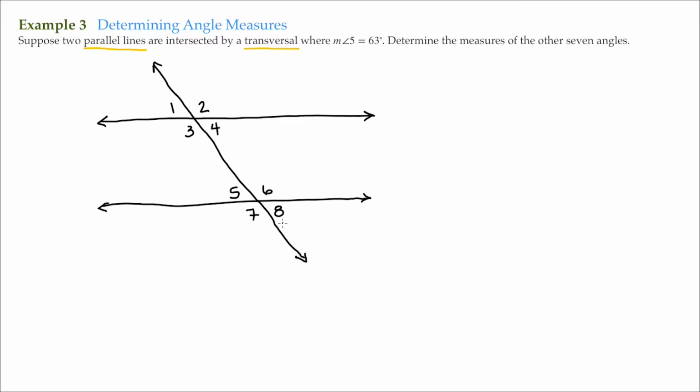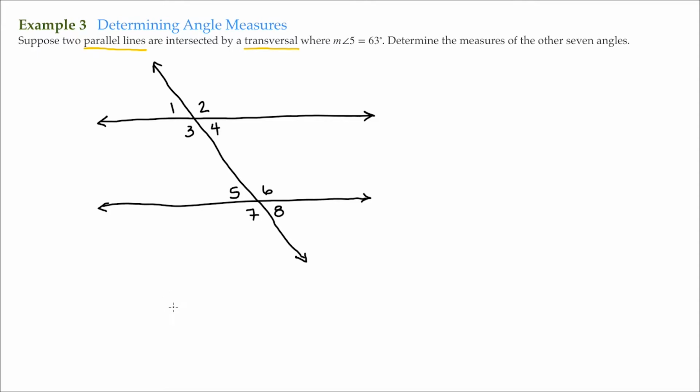So alternate interior angles, alternate means that they alternate from either side of the transversal. So alternate interior angles for this would be 3 and 6. And then the other alternate interior angles are going to be angle 4 and 5.